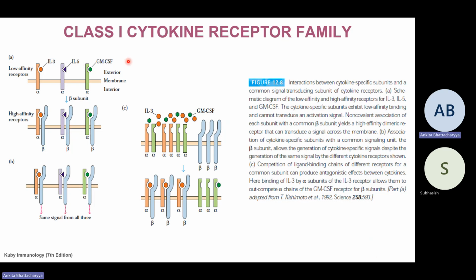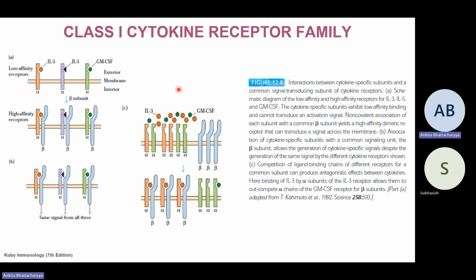Like in this case, if we take IL-3, 5, and GM-CSF again, when they are forming this high affinity receptor, if the downstream effect elicited from all three is giving rise to the same biological mechanism, which is, say, proliferation in this case, then that is an example of redundancy. So association of the cytokine specific subunits with a common signaling unit, beta subunit, allows the generation of cytokine specific signals despite the generation of the same signal by different cytokine receptors shown.